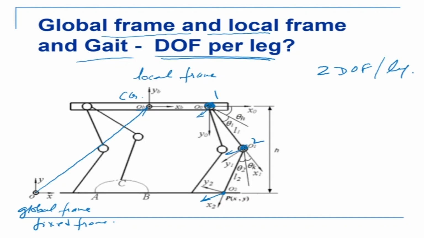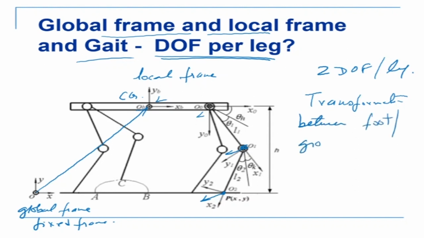By using the homogeneous transformation matrix, I can go from here to here, here to here, and then from here to the local frame. That means I can find the contact point. I can find the transformation between the foot ground contact and the CG frame.